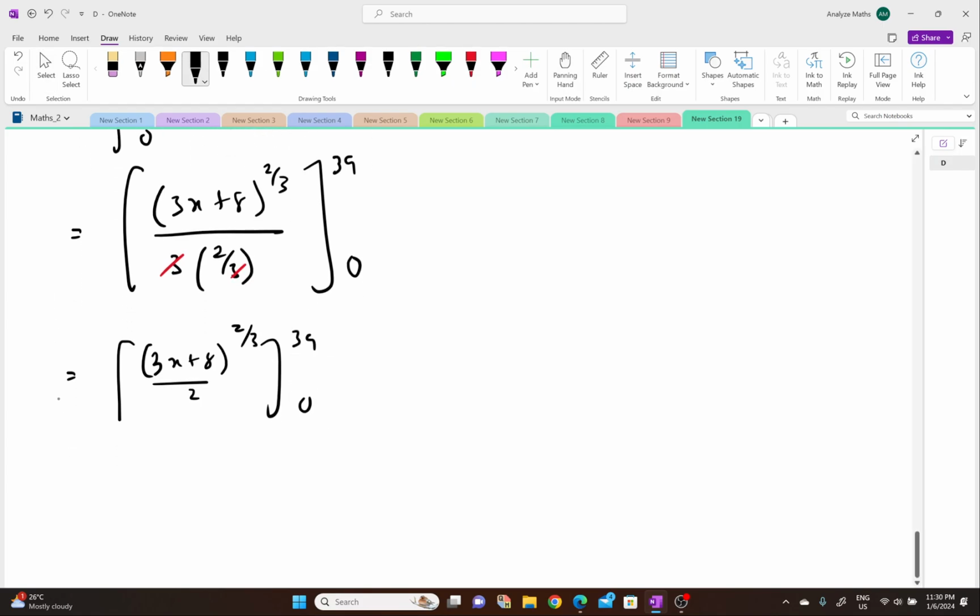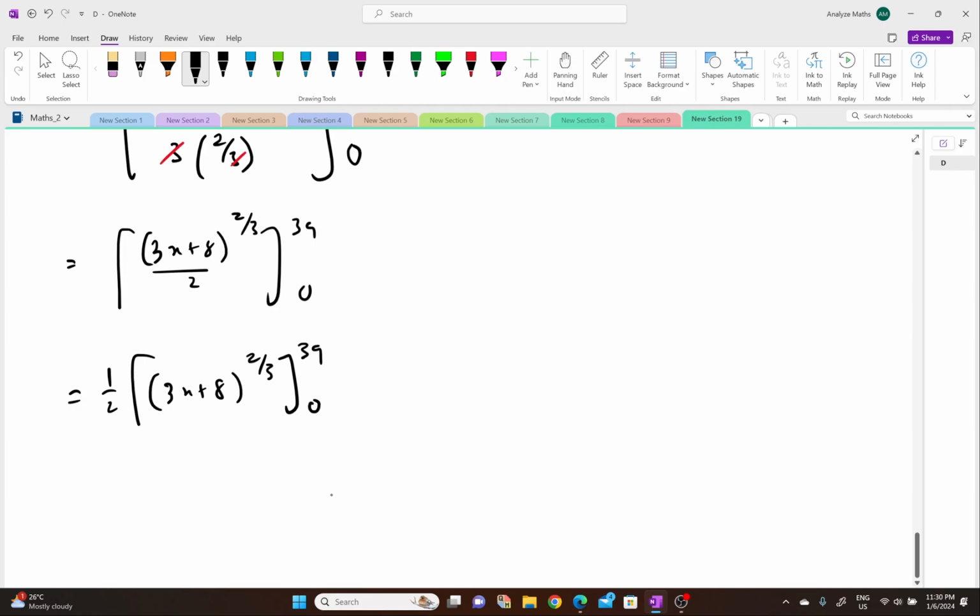For this type of function, you actually can take out the 1 over 2, like this, or you can keep the 1 over 2 inside. Okay.